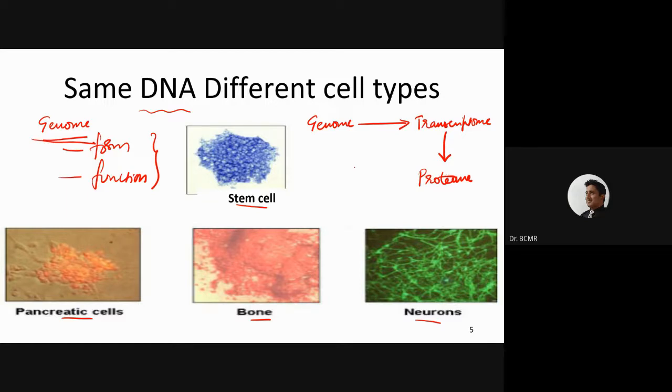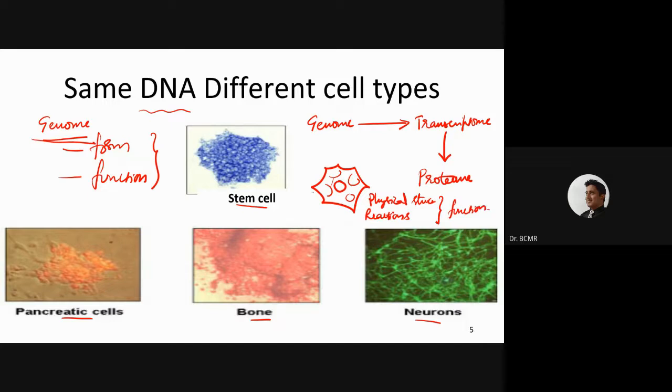So the cell has two things. One is the physical structure, that is the form, and the other is its reactions. There are so many biochemical reactions happening in the cell. They are in compartments, and there is a kind of integrity or networking between these compartments, and eventually they give rise to a function.